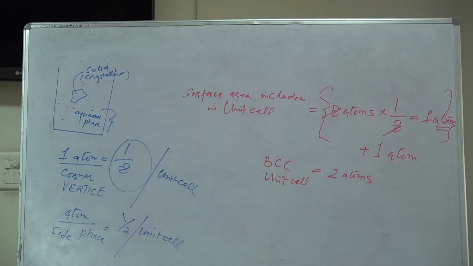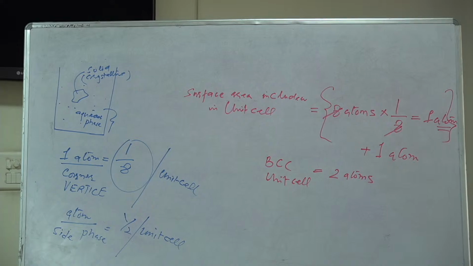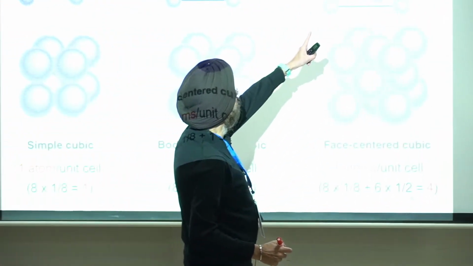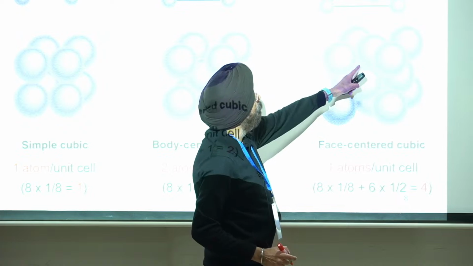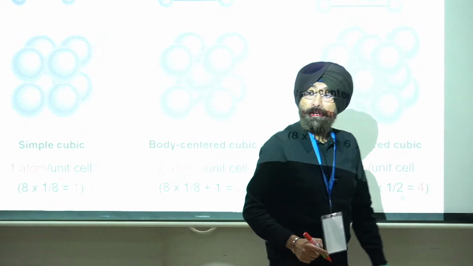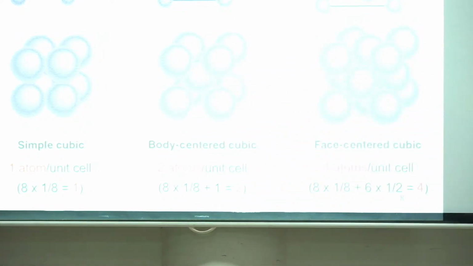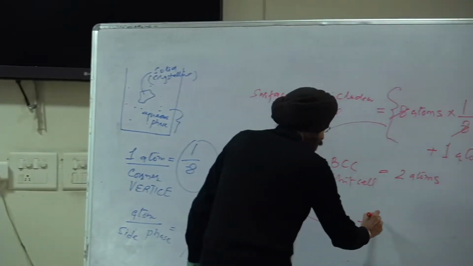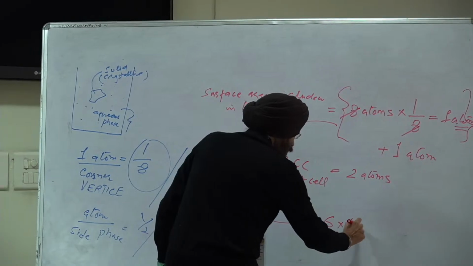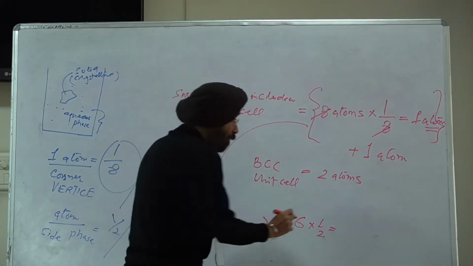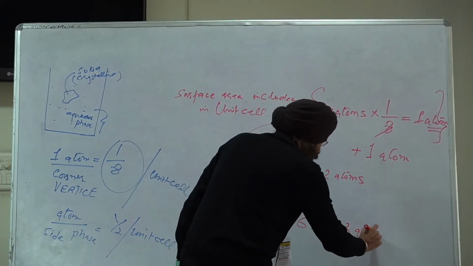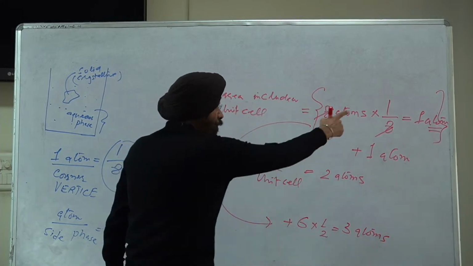What is the situation for the face-centered cubic unit cell? You see, there is none in the center, but all the six on the faces. So I am still taking the corners over here, plus 6 face atoms. Each one is contributing half. So therefore, there are 3 atoms' surface area, plus the 1.